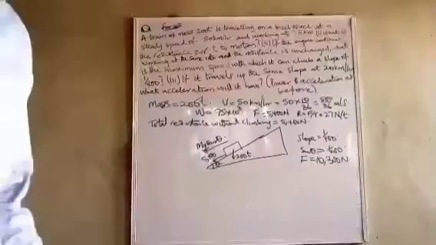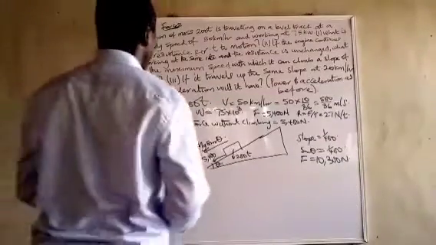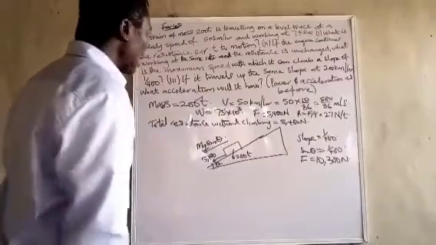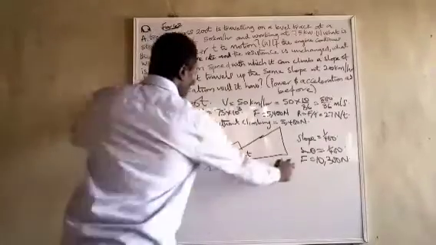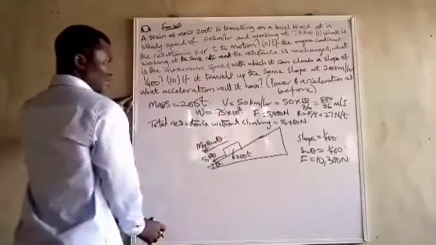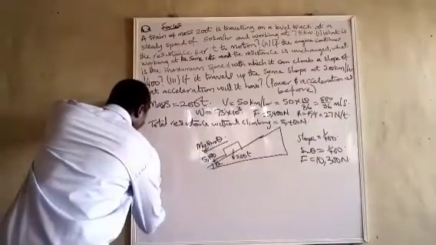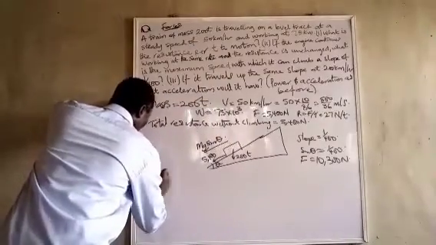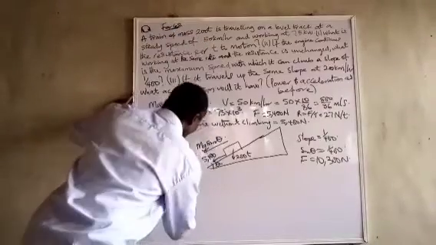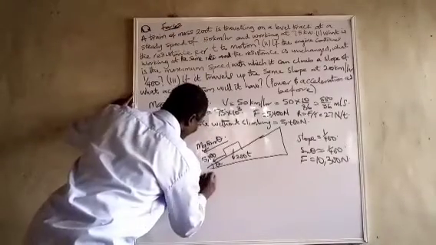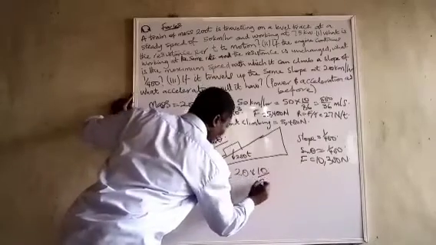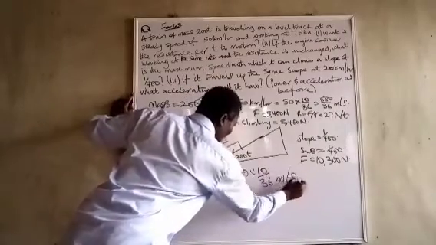The third one now. We are told if it travels up the same slope at 20 kilometers per hour, what acceleration will it have? In this instance, our total force will differ now because the velocity has changed. So if V in this instance is equal to 20 kilometers per hour, which is equal to 20 times 10 over 36 meters per second.